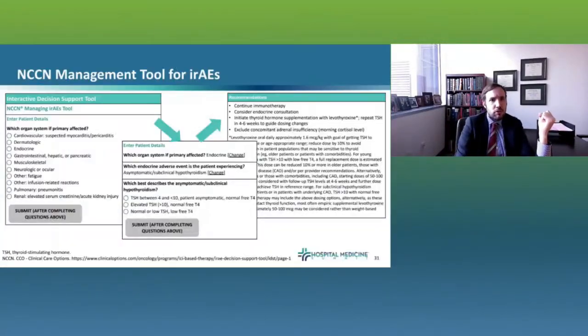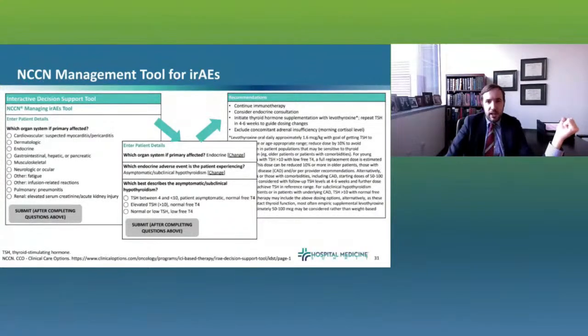So management tools. Yes, these NCCN management tools I think are really great. There's multiple out there, and we're going to stick to these. I will make a plug. There is an excellent app called CarTox, C-A-R-T-O-X. It's from MD Anderson, and it lets you assess immune-related adverse events related to CAR T therapy.